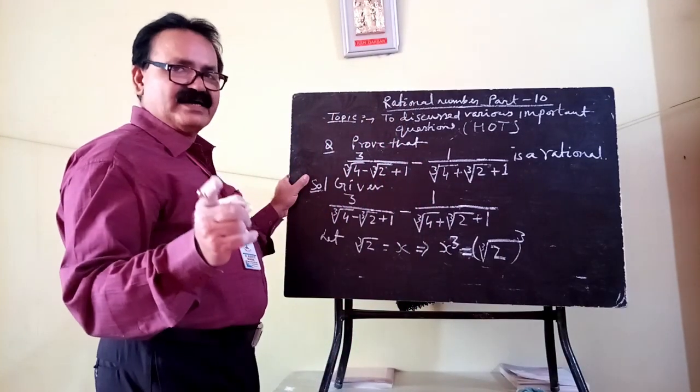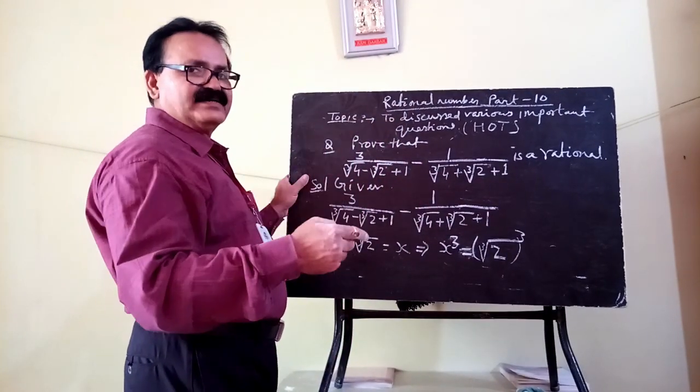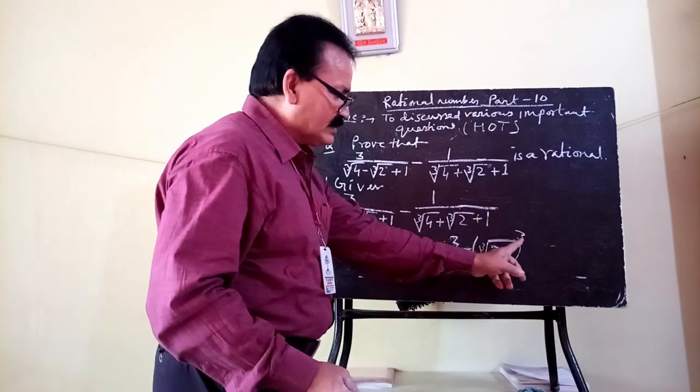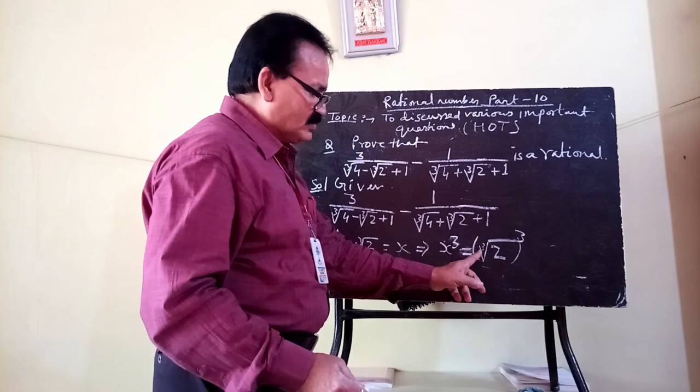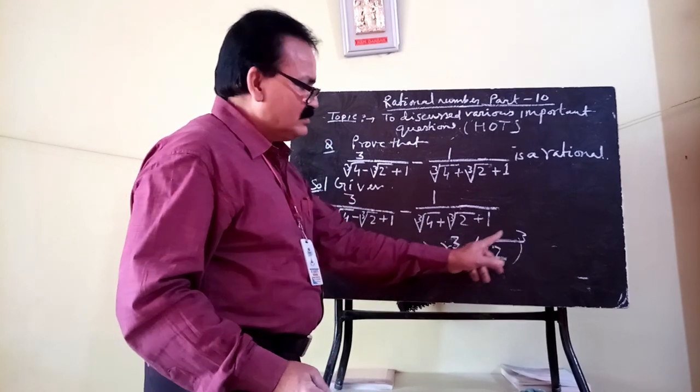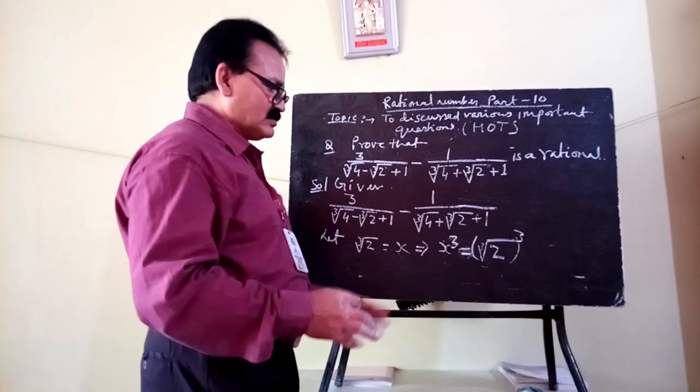Similar to a square, where the square root goes out, here also when you cube both sides, the cube root will go out.